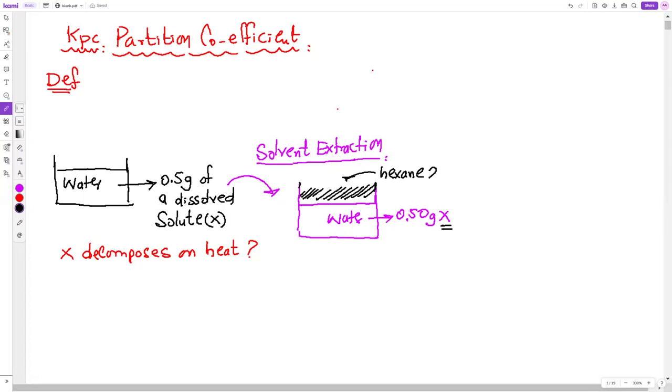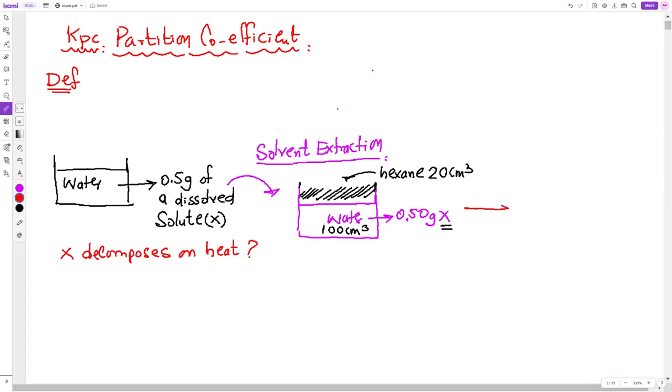Let us say hexane is added to this water, and suppose this water is 100 cm cube and 20 cm cube hexane is added. Hexane is an organic solvent and doesn't dissolve in water, but X dissolves in water as well as in hexane.